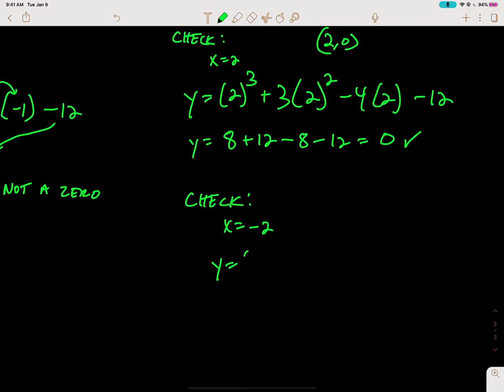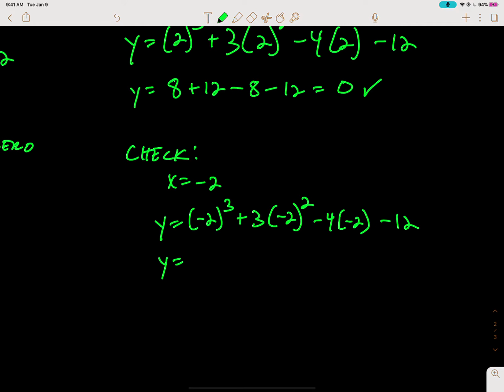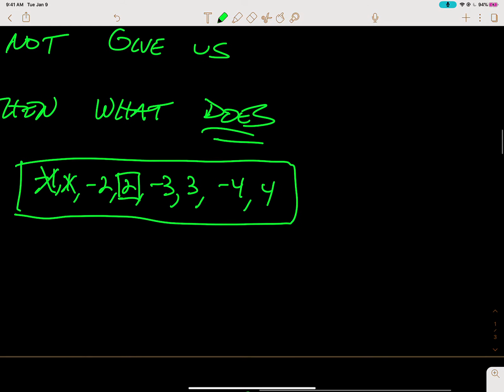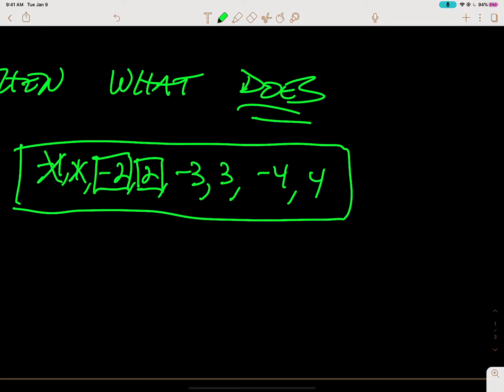So I get y equals -2 to the third plus 3 times -2 squared minus 4 times -2 minus 12. -2 to the third is going to be 2 times 2 is 4 times 2 is 8, but it's going to be negative because those are all negatives along the way. -2 squared is 4. 4 times 3 is 12. -4 times -2 gives me a +8, and then we have a minus 12. That indeed does equal 0. So -2 is also a 0.